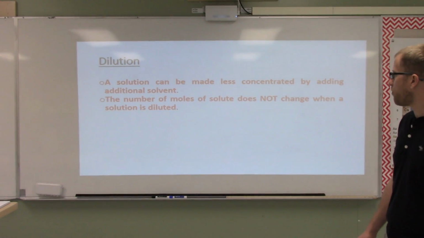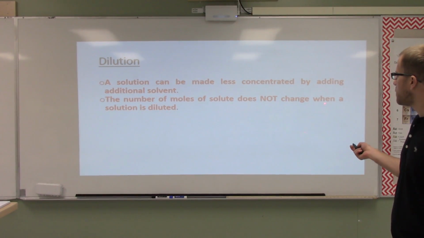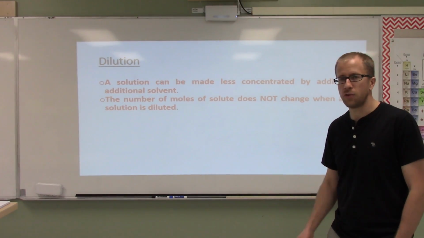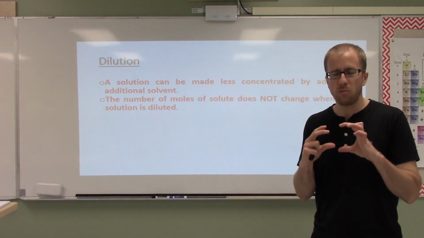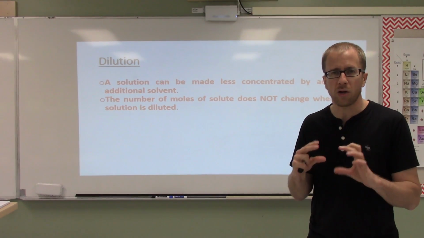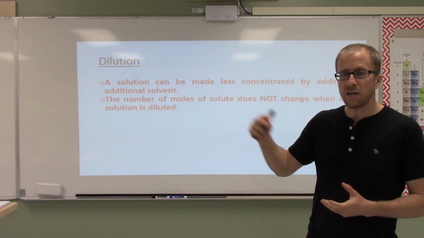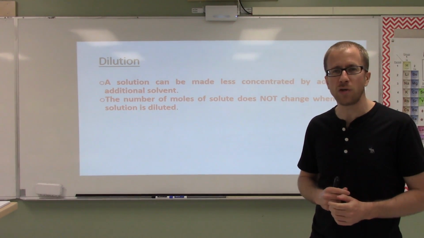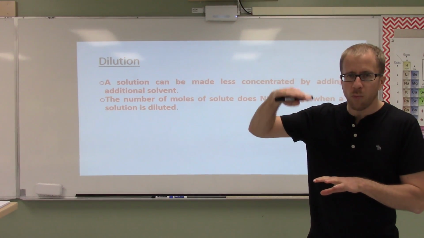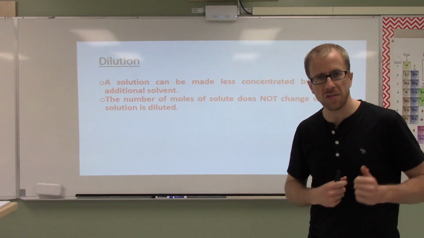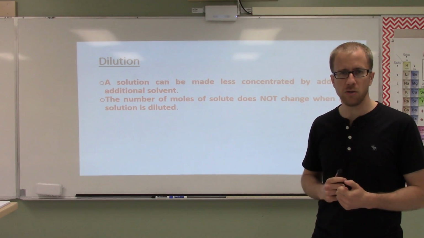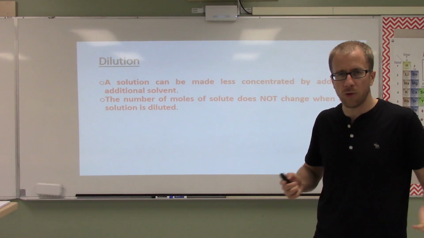Now, the number of moles of solute does not change when the solution is diluted. And that makes perfect sense. If we have a certain amount of solute in our beaker, right, we dissolved, say, 29.22 grams of sodium chloride, by adding more and more water, are we changing the number of moles that we dissolved within that solution? No, we're not, right?